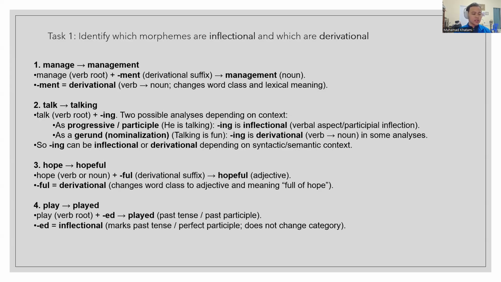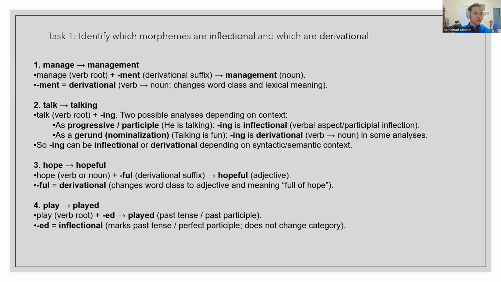And then for number three, the word hope to hopeful. Hope is the verb or noun with the added suffix ful, which changes the word into an adjective, hopeful. Therefore, the word hopeful is a derivational morpheme. So the ful in this context is a derivational morpheme.